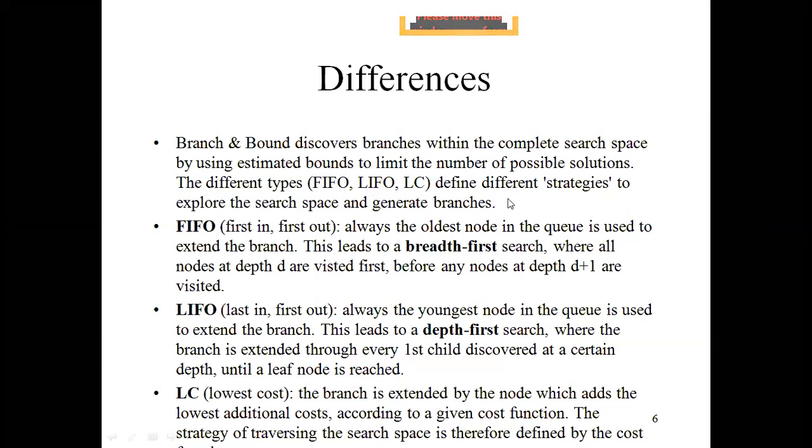These define different strategies to explore the search space and generate branches. Suppose FIFO, first in first out. Always the oldest node in the queue is used to extend the branch.